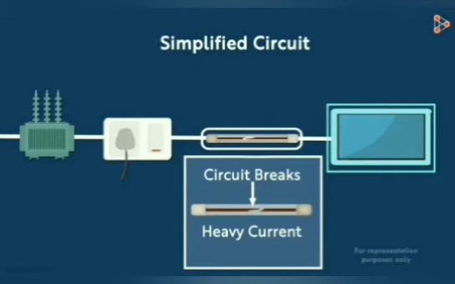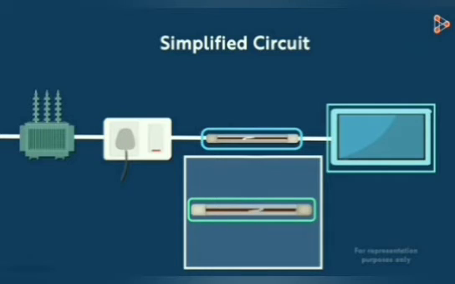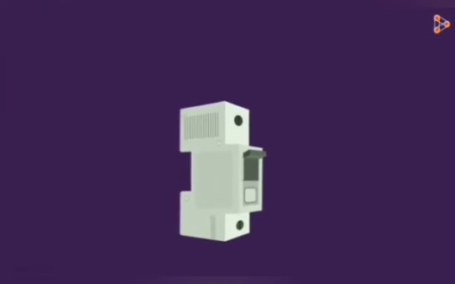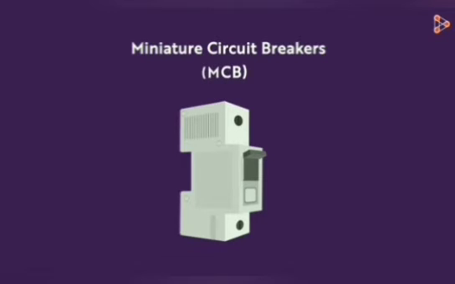But here one disadvantage is there, that is, once the fuse wire melts it cannot reform itself. So to overcome this problem, nowadays we can use automatic switches. These automatic switches are also called miniature circuit breakers, or we can call them MCB.